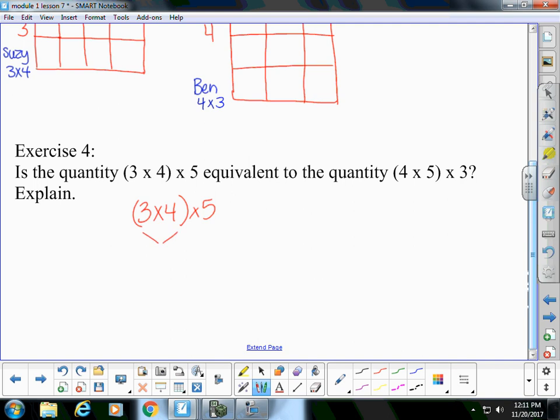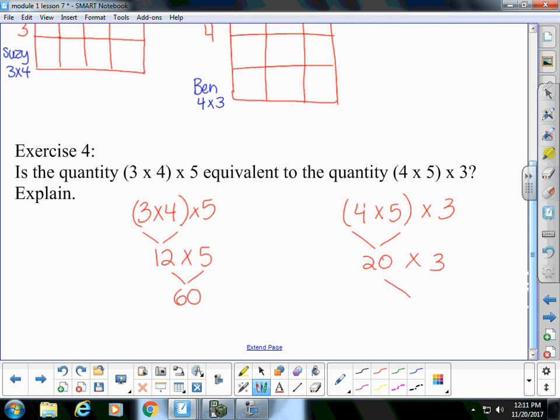So that would say do 3 times 4, which is 12. And then multiply it by 5, which 12 times 5 is 60. So the parentheses over here are saying let's do the 4 times 5 first. And then multiply it by 3. Well, 4 times 5 is 20, and then 20 times 3, that's 60.